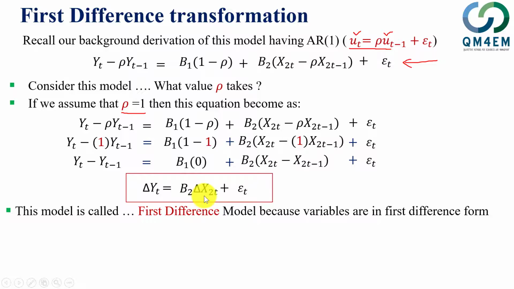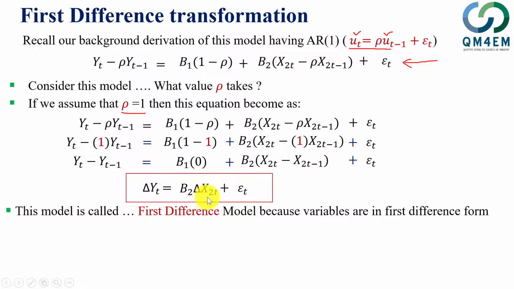It's no more the original explanatory variable, but the original variable with the value of the lag subtracted from it. So you get the first difference of the explanatory variable as well. That's why it's called the first difference model.